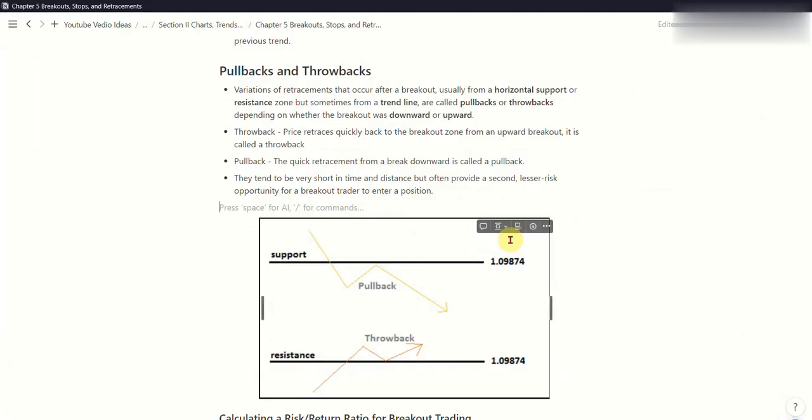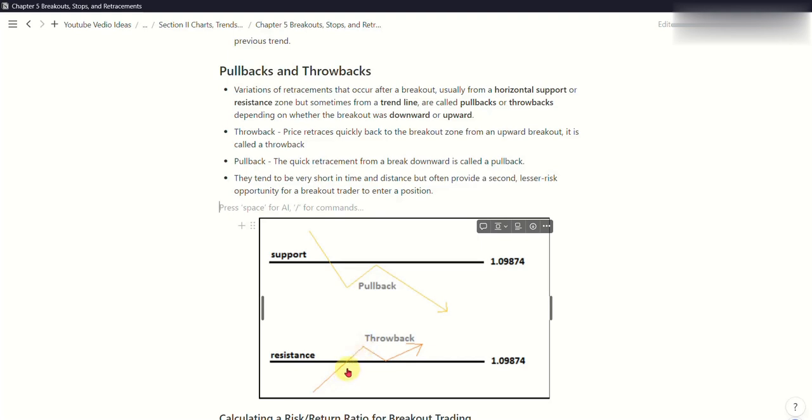Pullbacks and throwbacks. There are variations of retracement in the horizontal support line or in a resistance line. When price breaks below the support and pulls back upward, it is called a pullback. Similarly, breakout can happen on a resistance line. It need not be a support or resistance line; it can also be a trend line.